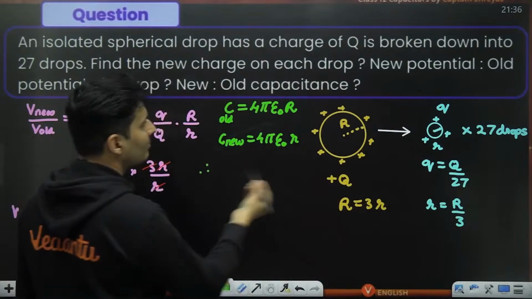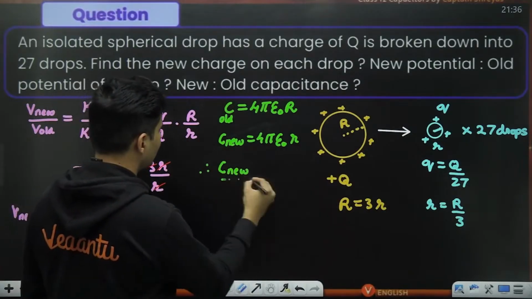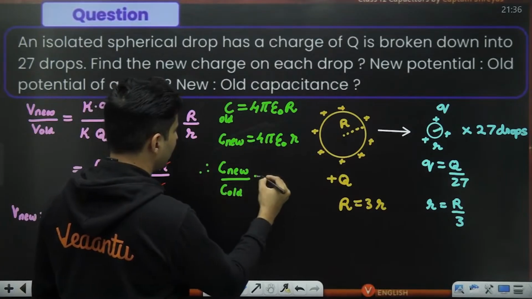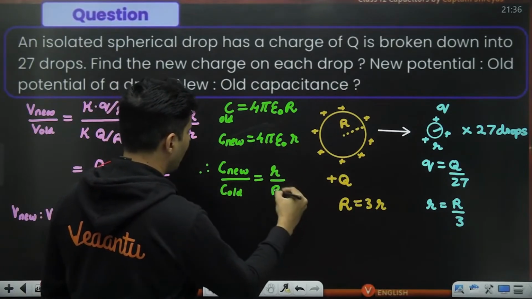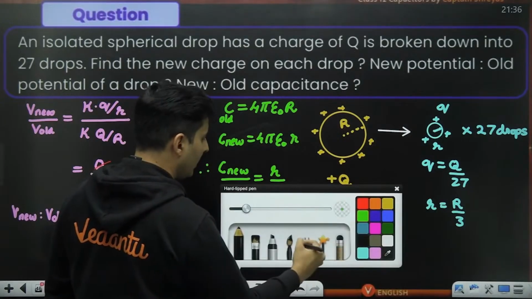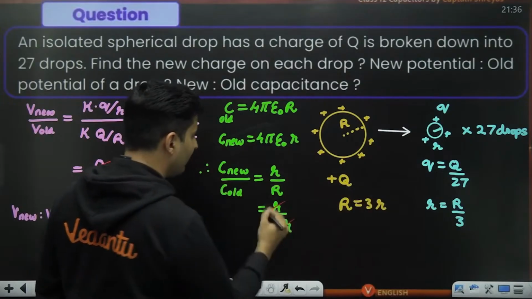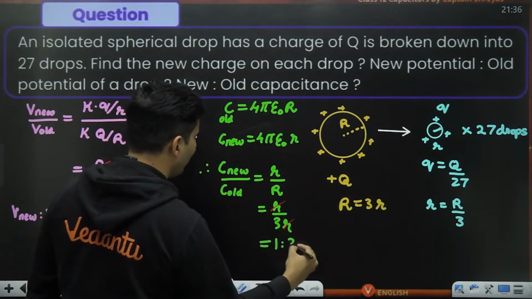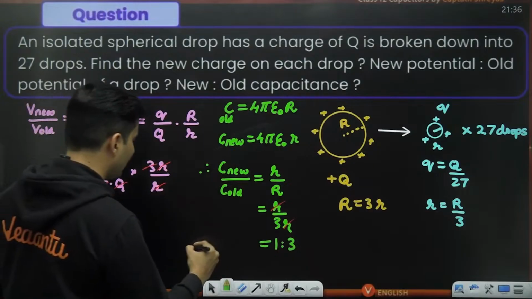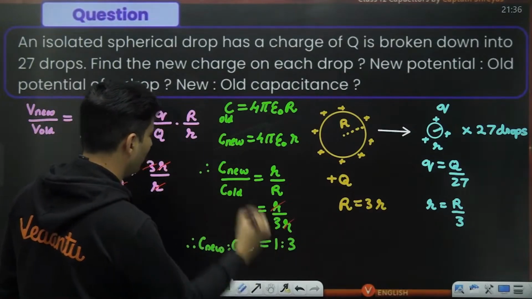So therefore, just finding that new capacitance by old capacitance ratio, it will be small r by capital R. Capital R is 3 times of small r. As we can see, small r just got cancelled. So we are left with 1:3 ratio. So 1:3 is the ratio of capacitance new to capacitance old.